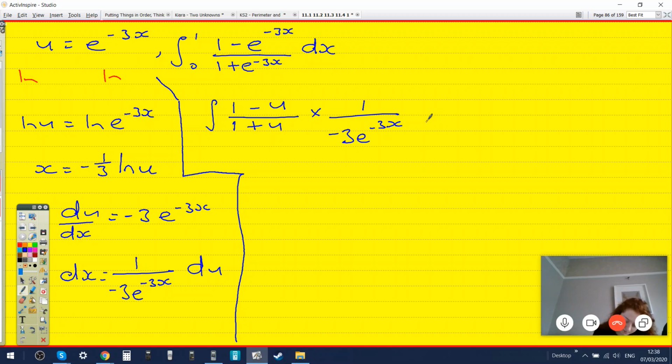Yep. So e to the minus 3 when x is 1. When x is 1, u is e to the minus 3.